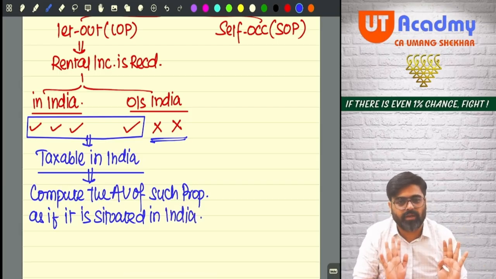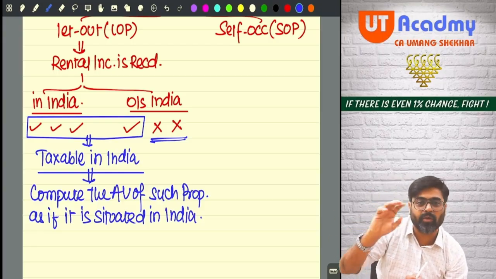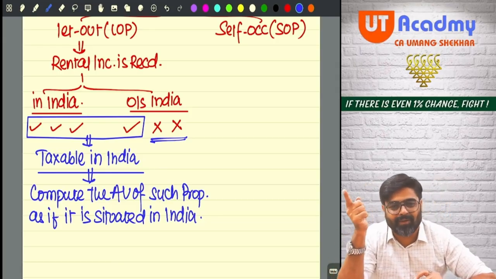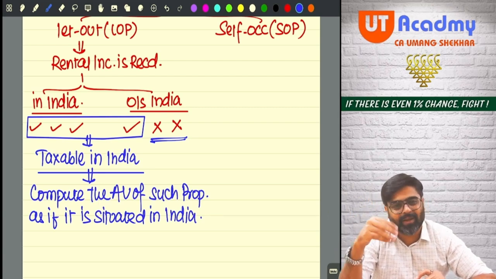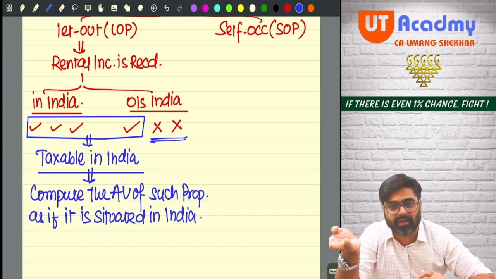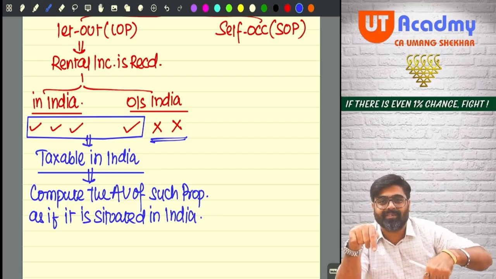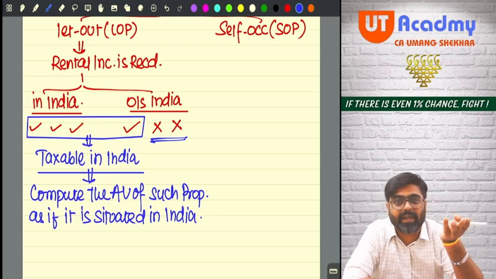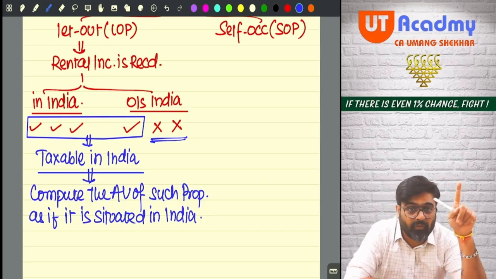As if the property is situated in India, now calculate the annual value. And in the calculation of that annual value, you are supposed to charge this rent as taxable. You will take the municipal value, fair rent, whichever is higher, compared with standard rent. Lower will be expected rent. Then that expected rent will now be compared with this actual rent. And by comparing, you will get annual value. Getting my point? Now from that annual value, will you get any deduction for the municipal taxes of this property which you have paid outside India?